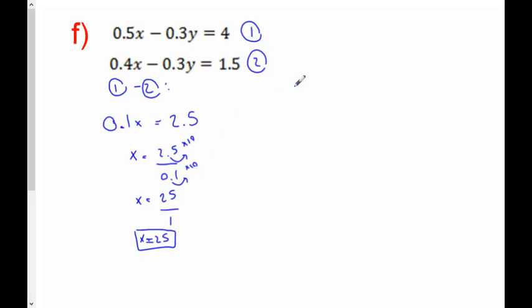So next, I would take that. Let's sub x equals 25 into, and it doesn't matter really which equation you pick, both of them have decimals. So let's just pick equation 2. So 0.4 times 25 minus 0.3y equals 1.5.